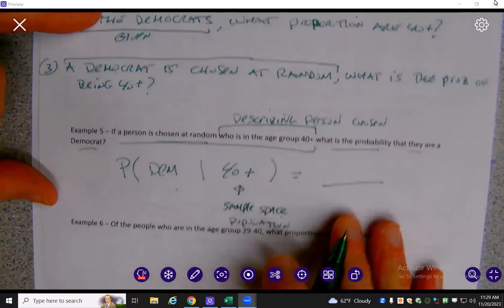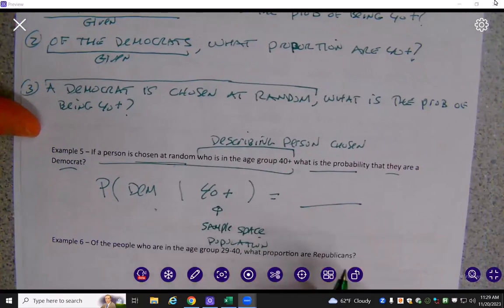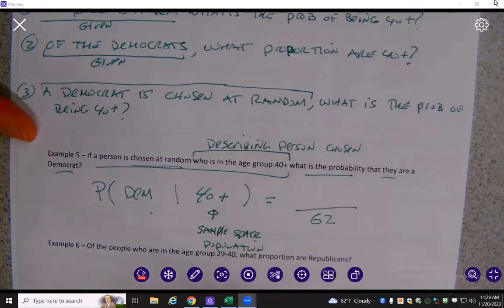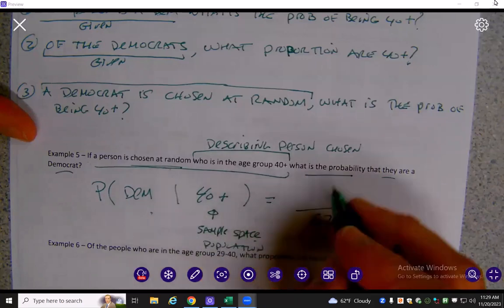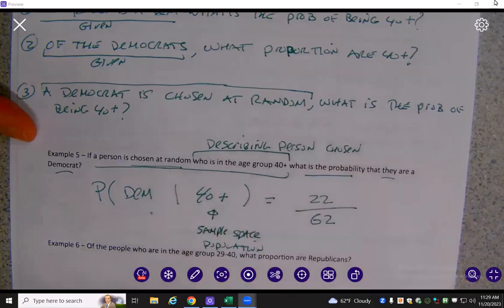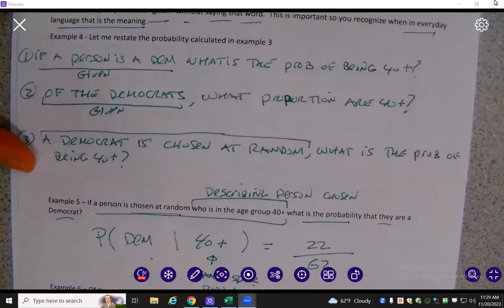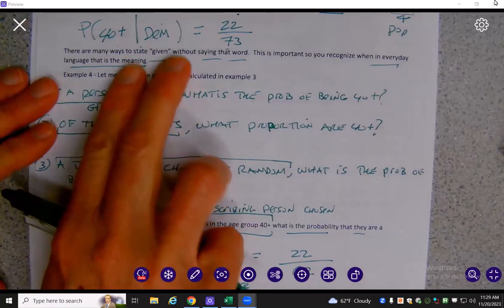Okay. Well, I'm going to assume that you got, so there's only 62 people that meet the criteria of 40 plus, of which only 22 are Democrats. Right. You'll notice that this question is the backwards of this one.